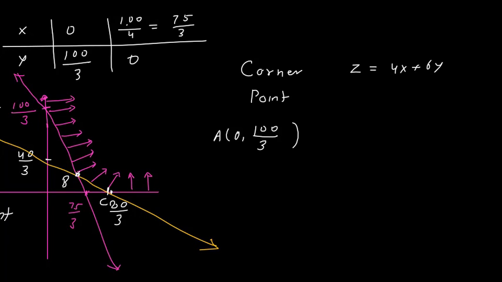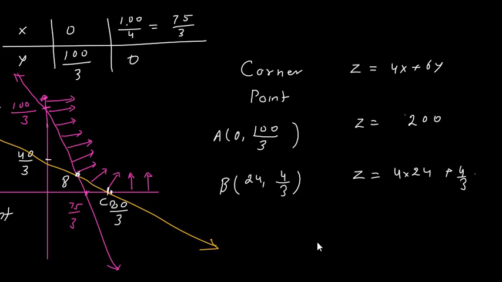So here we get the value of z as 6 into 100 upon 3, which gives me 200. B point is 24, 4 upon 3. So here I will get z is equal to 4 into 24 plus 4 upon 3 into 6. This will give you 96 plus 8. So this is 104.